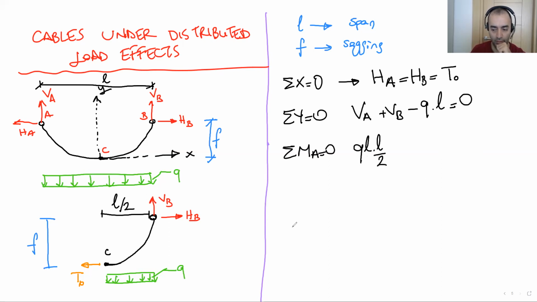This is the moment. Minus, vertical B turns the system in the negative direction. That's why I use vertical B times L equals 0. So vertical B equals QL over 2. So vertical A equals this one.